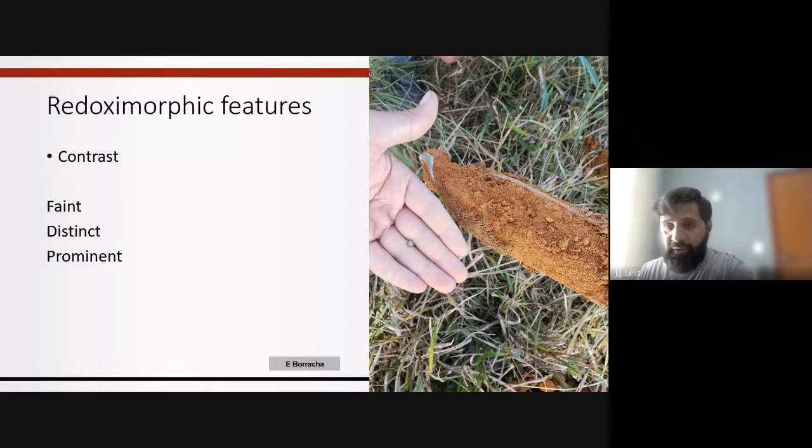You can believe we have a lot of plintite, of iron nodules here, but it's quite hard to identify just with a picture. I should use my hands to describe, okay, this is the hardest part, so it's an iron concretion here and here, so I have a faint contrast.